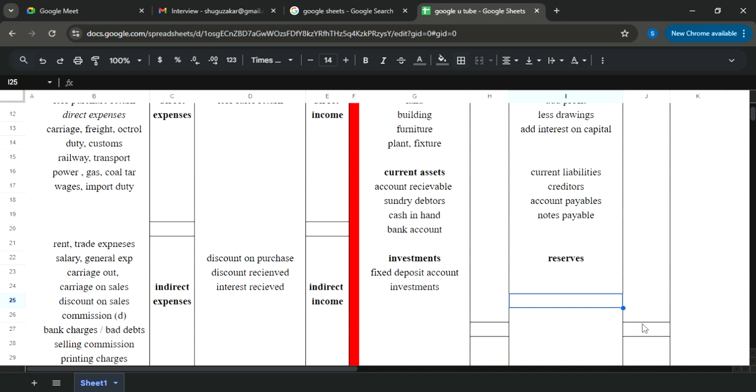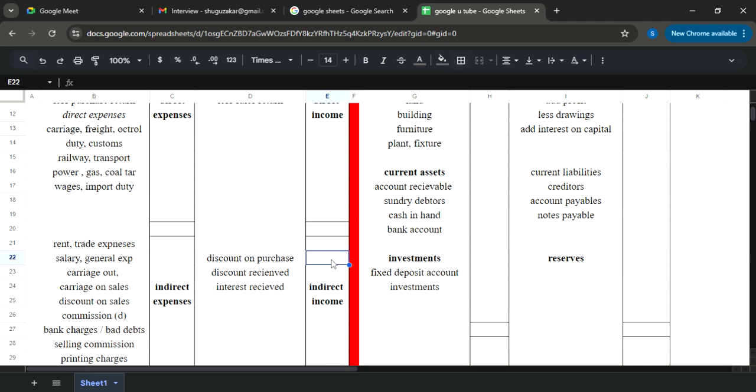And I am glad to let you know that when you complete your question, the sum of all assets and the sum of all liabilities would always be equal. So in this way, in your exam, you will come to know whether you have solved your question correctly or not. So please understand what I have said. Sum of assets and sum of liabilities would always be equal.